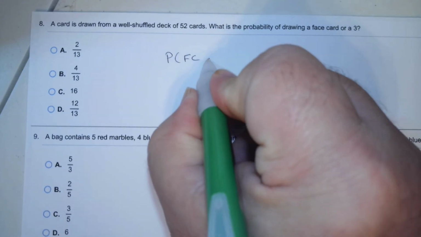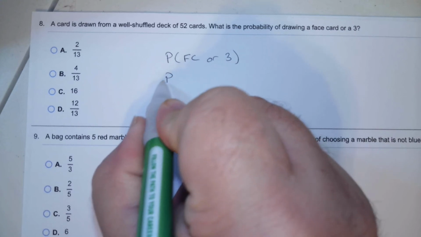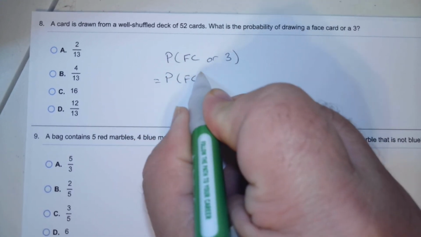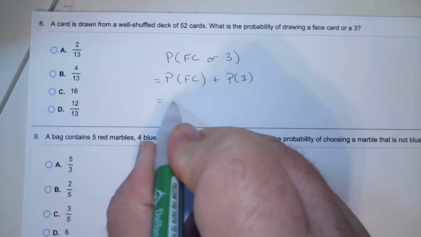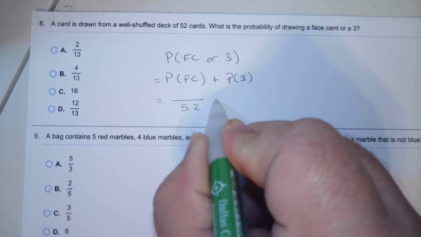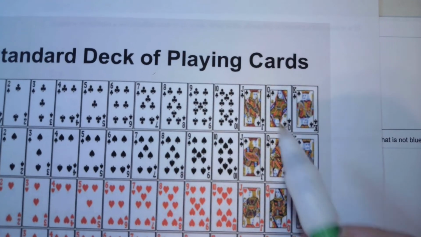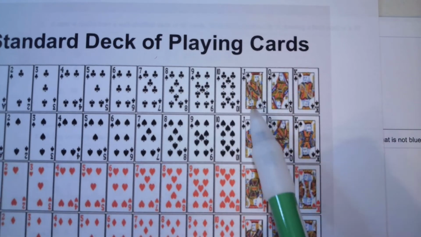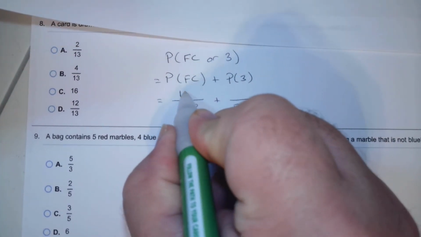A card is drawn from a well-shuffled deck of 52 cards. What is the probability of drawing a face card or a 3? So the probability of getting a face card, or means plus, the probability of getting a 3. Again, there are 52 cards possible. How many face cards are there? The face cards are these. 1, 2, 3, 4, 5, 6, 7, 8, 9, 10, 11, 12. So there are 12 face cards possible.